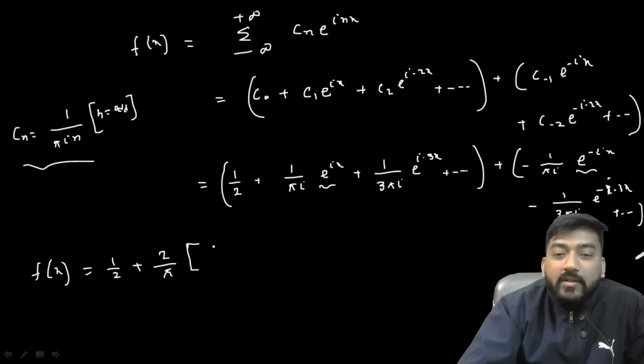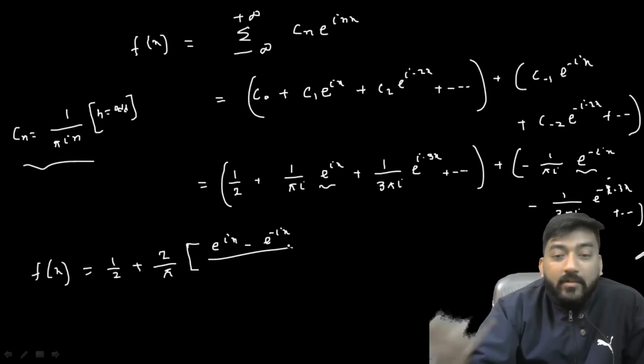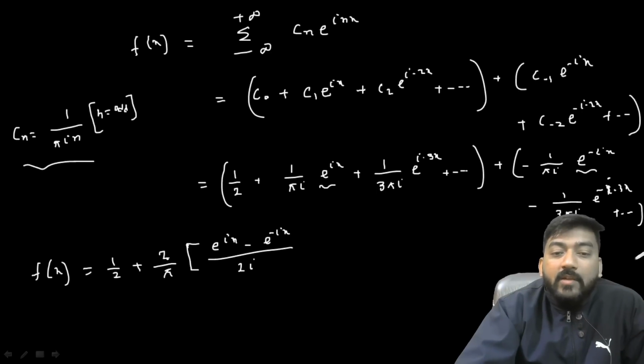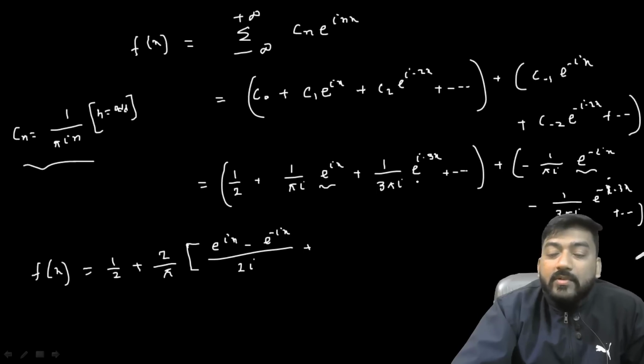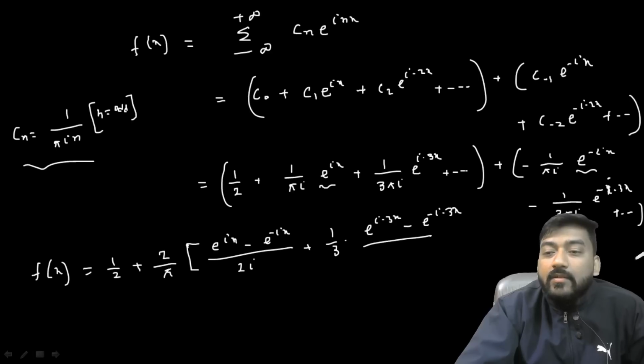So you will get e to the power ix minus e to the power minus ix divided by 2i, because here I have taken 2, so here I have to put 2 also. Plus 1 upon 3 into e to the power i into 3x minus e to the power minus i into 3x divided by 2i again.